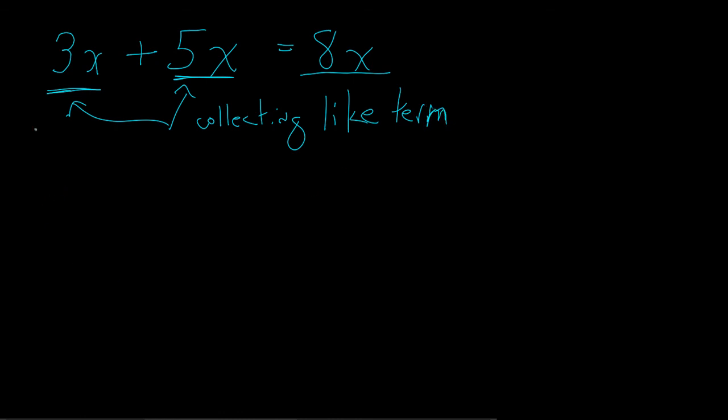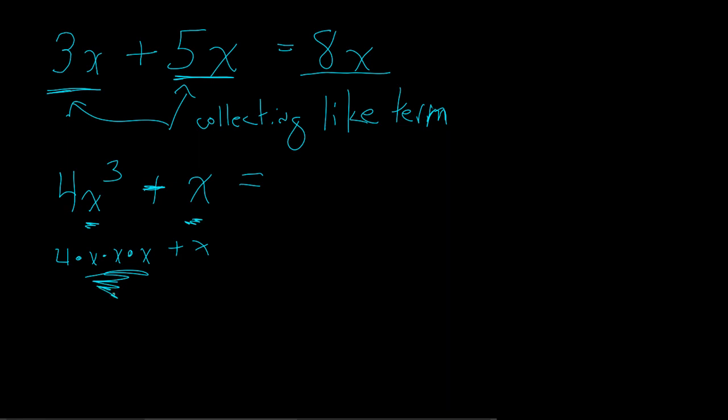But if I have 4x cubed and I add to it a lowly x, these terms aren't like. This is a series of multiplications. And because I don't know what these multiplications are doing, I don't know what the effect of adding one more x does. So this is as simple as this gets, 4x cubed plus x.